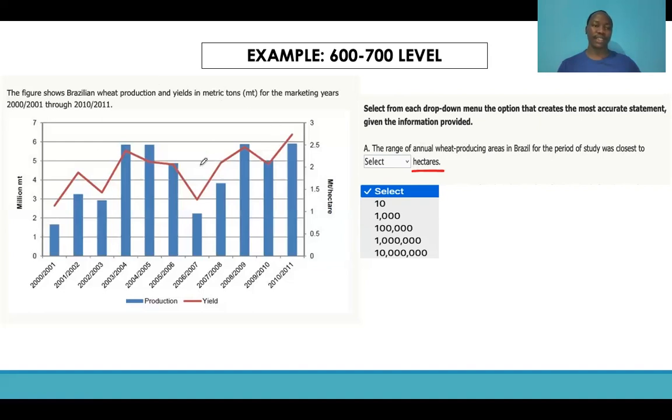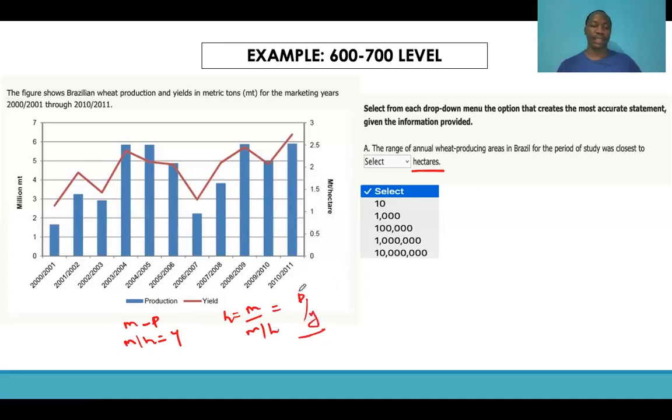Our graph doesn't show hectares, but it shows metric tons in millions, which is production, and metric tons per hectare, which is yield. So to get hectares, hectares will be equal to metric tons over metric tons per hectare, or basically production over yield.